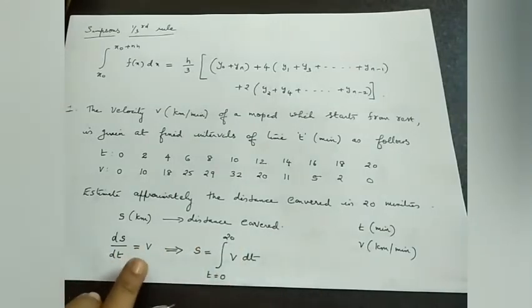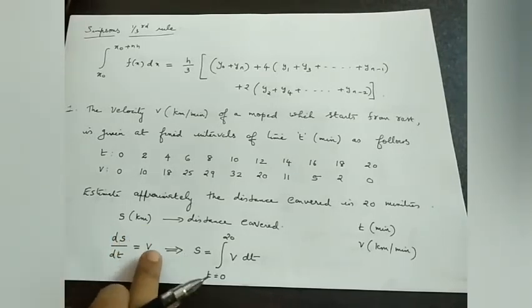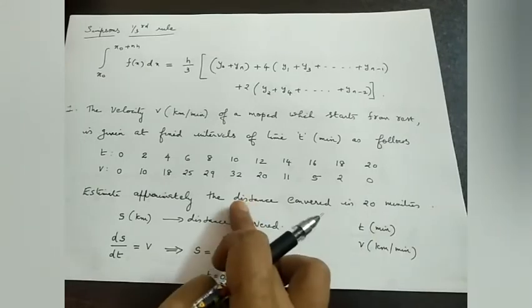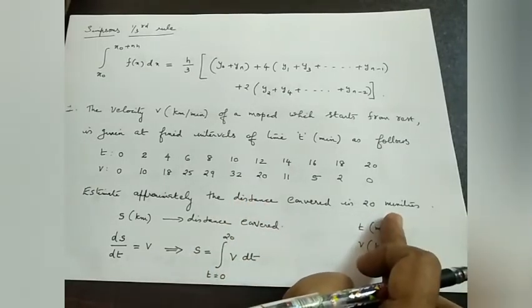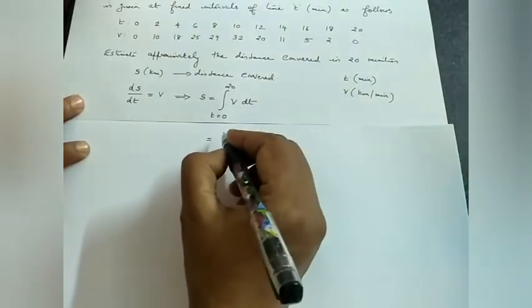On integrating both sides, S is equal to the integral of v with respect to t from 0 to 20. Now we want to calculate this definite integral to find the distance covered in 20 minutes. Here we can use Simpson's 1/3 rule.